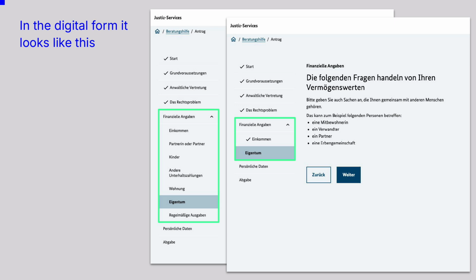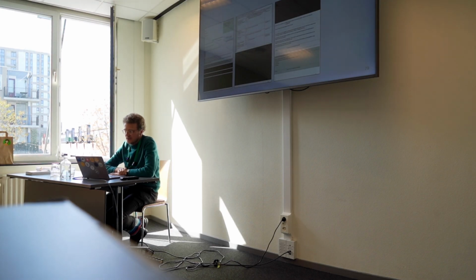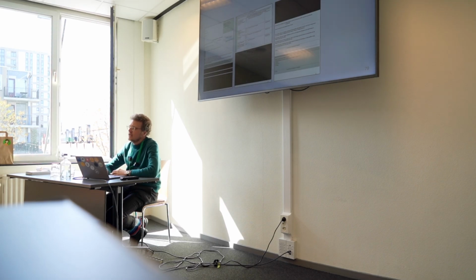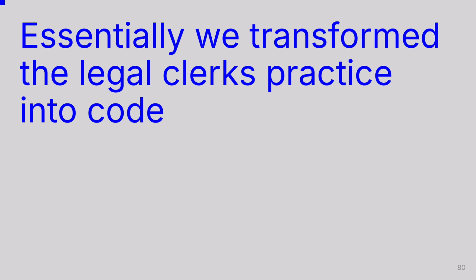When you get social benefits, the form just becomes shorter, which is easy in the digital, but not so easy in paper. So basically in the paper form we cut it by 50%. So we essentially transformed the legal clerk's practice into code, if you will.